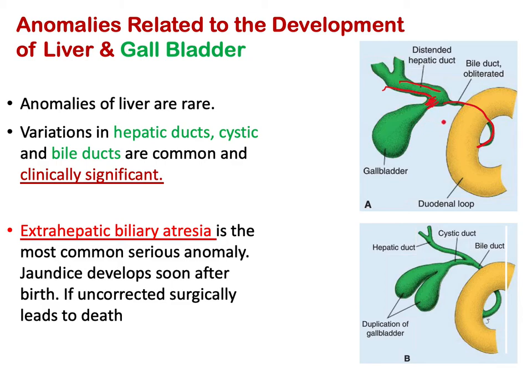This is significantly important because the bile produced in the liver will accumulate, leading to pathological jaundice.